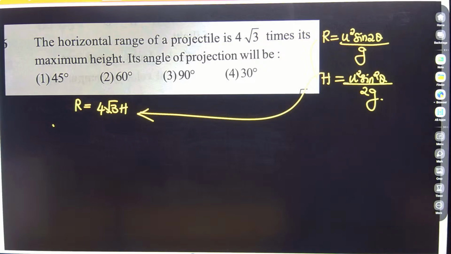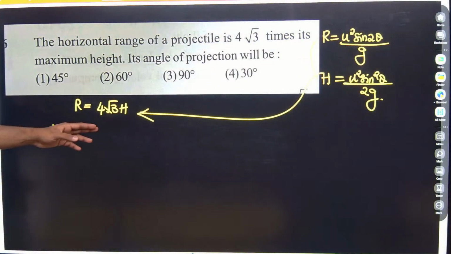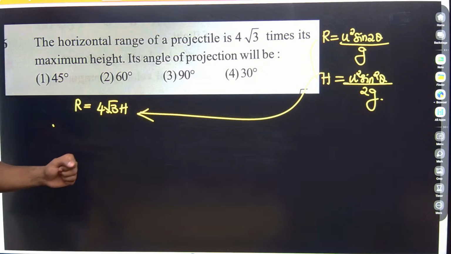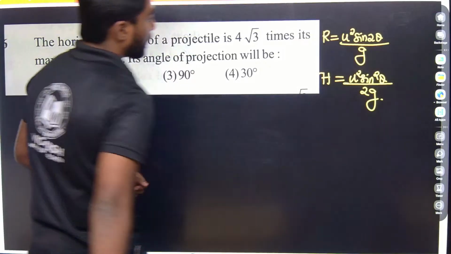Got it now? Okay. So I'll do the question over here and we'll cross verify the answers. Okay, no need to worry about that. Done.